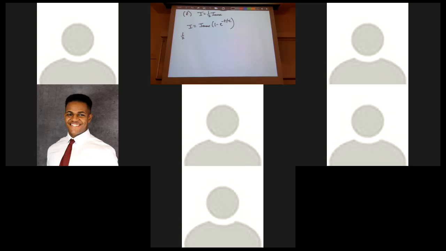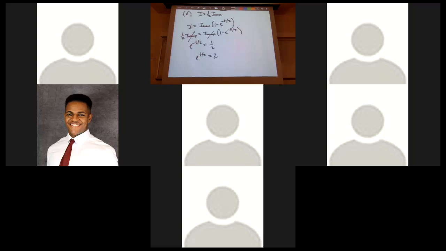So we get 1/2 I max is equal to I max times 1 minus e to the minus t divided by tau, which means the I maxes are going to cancel. So e to the minus t divided by tau is equal to 1/2. Now, what I want is positive t, so I'm going to invert both sides. So finally what I get is e to the t divided by tau is equal to 2.